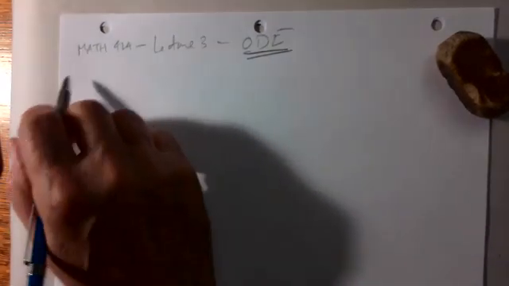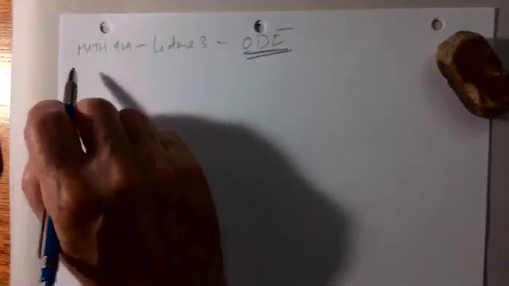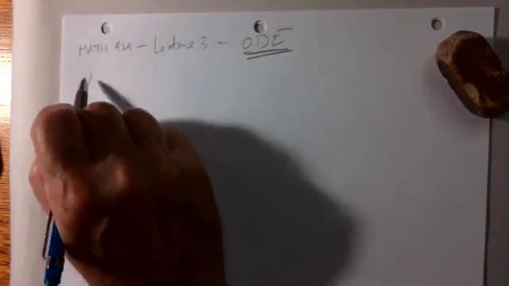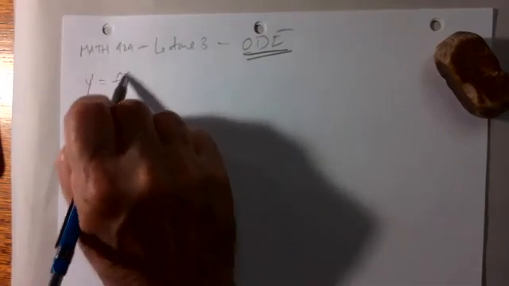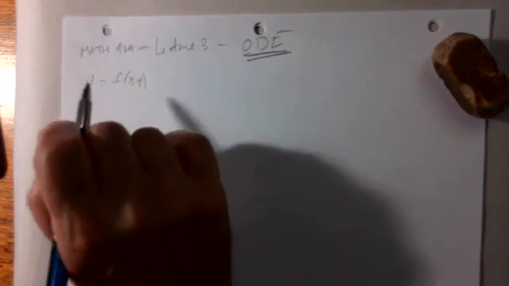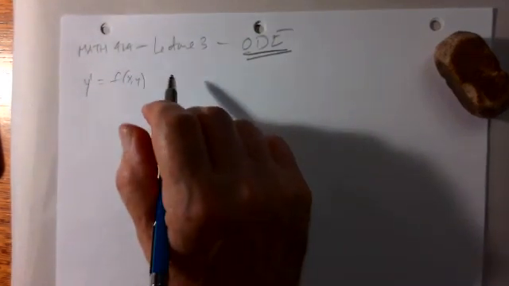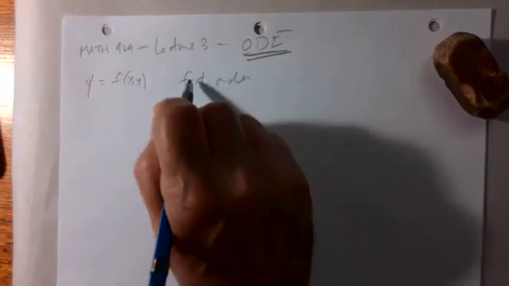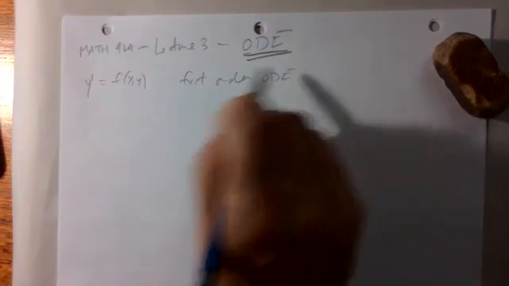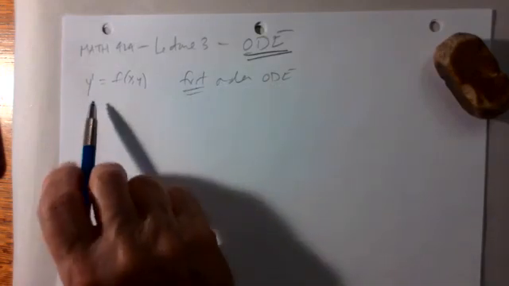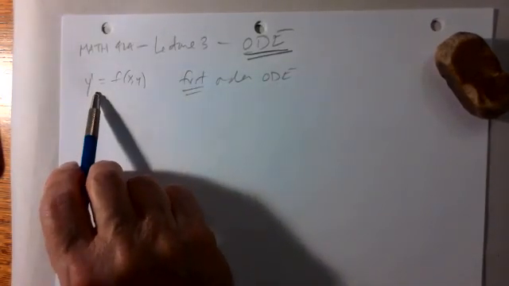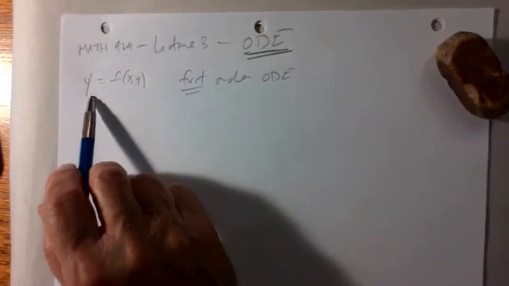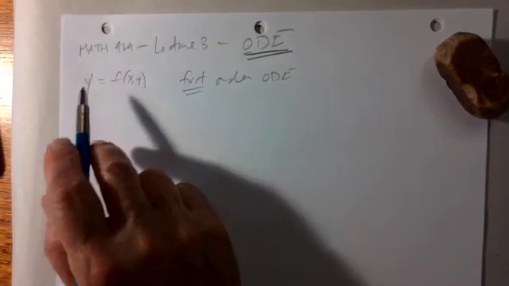So we're going to look at ordinary differential equations where you can isolate the first derivative. This is a first order differential equation, y prime equals f of x, y. The first order means that we have the first derivative of the unknown function, but no higher derivatives.